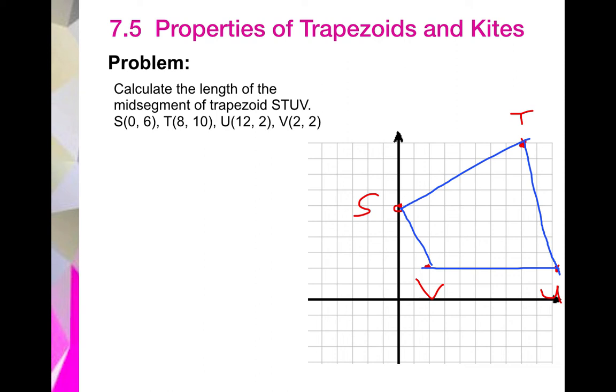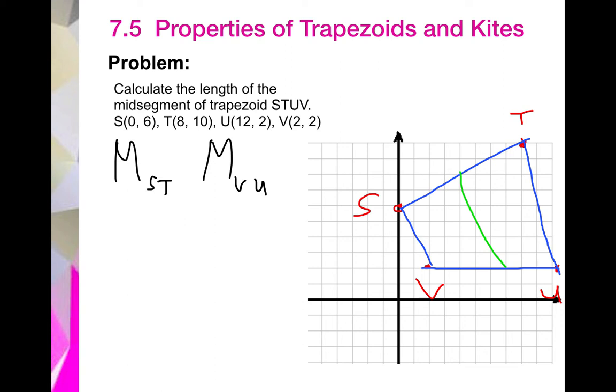And then we calculate the midsegment, and I'm just going to sketch it here, kind of approximately like that. Lousy drawing, but that's some kind of approximation. We're going to need to find the midpoint of S and T, and the midpoint of V and U. And once we have those midpoints, then we can determine the length of the midsegment.